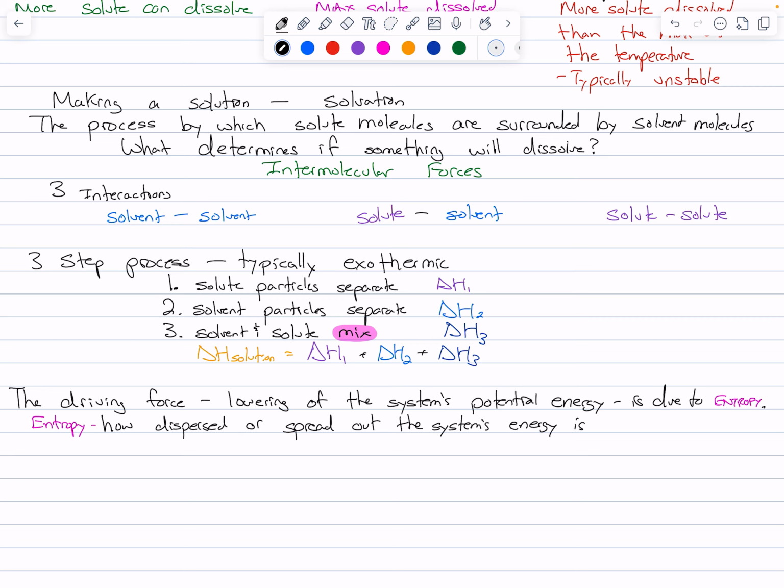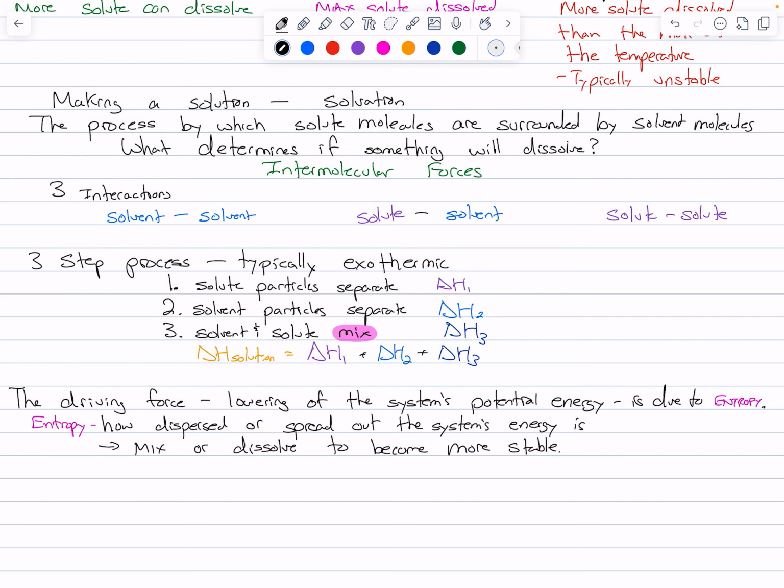Which means these solvents and solutes mix, or what we call dissolve, to become more stable. So typically things naturally mix to become more stable.